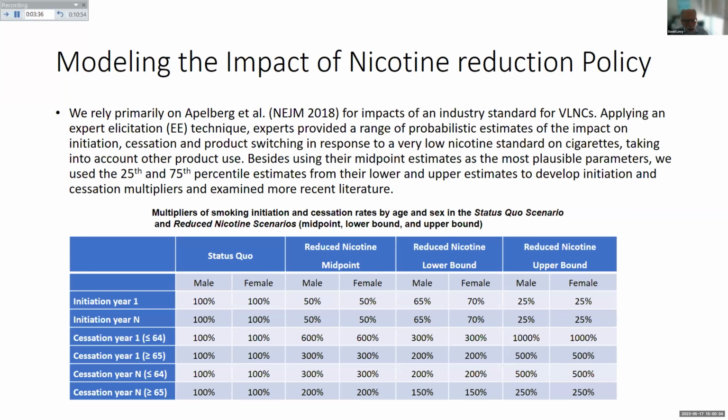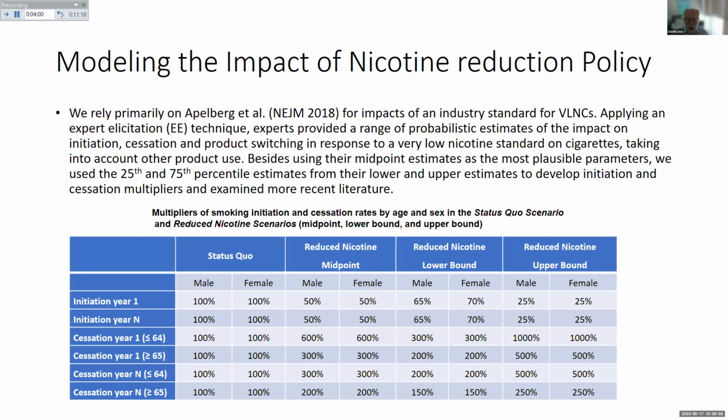And we also continue this through time, and by age 65, we allow for lower rates in following years.